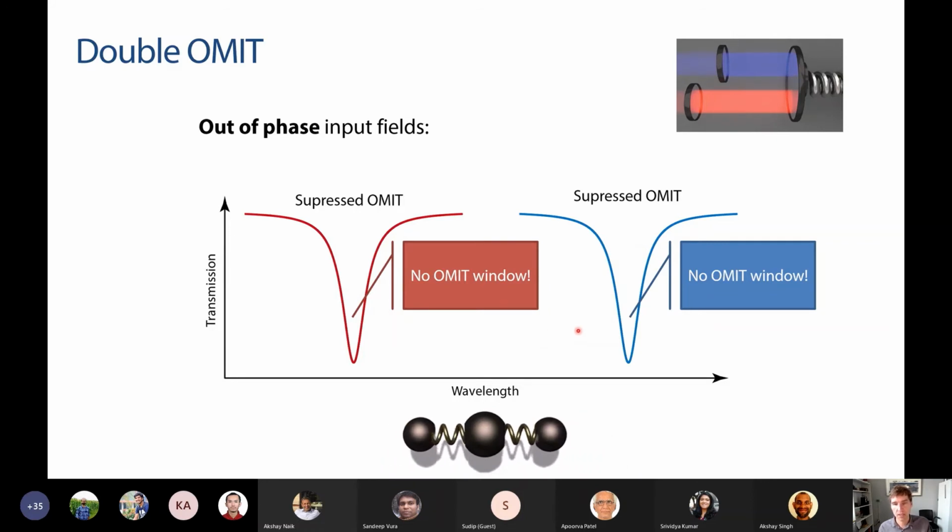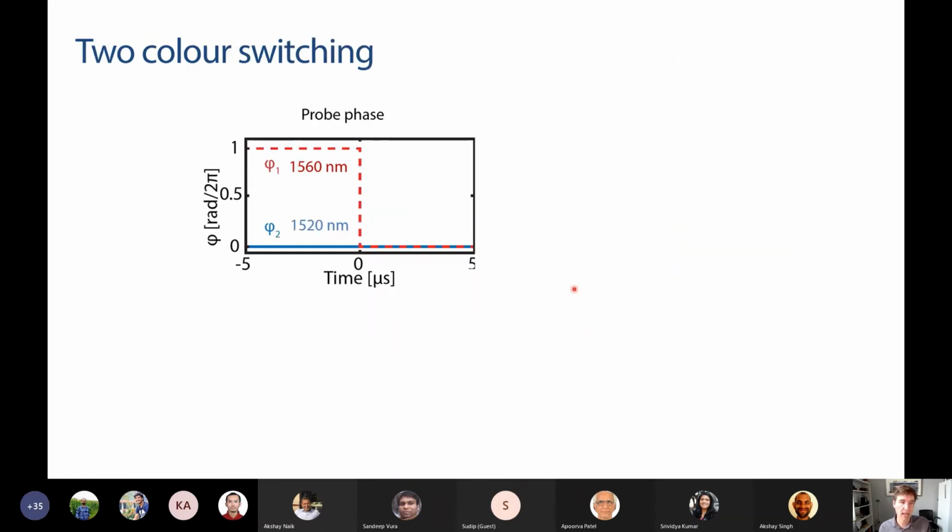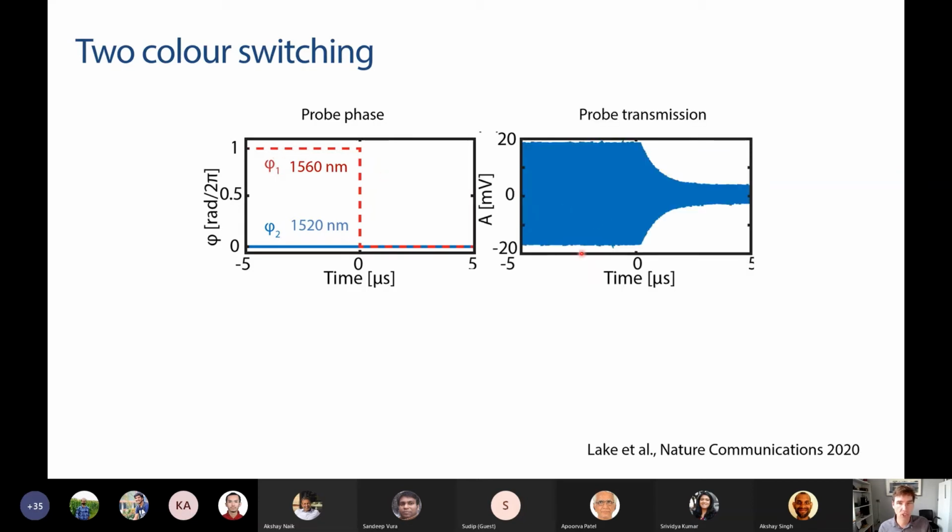And this is what we've seen experimentally, and we've used this to build an interferometer or switch between these two colors of light, 1550 nanometers and 1520 nanometers, where when we just flip the phase of one of these input fields, we get a change in the transmission of the other input field.